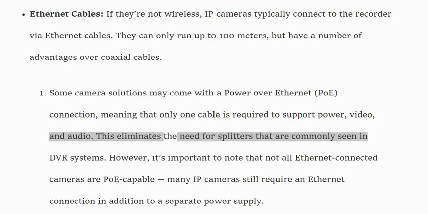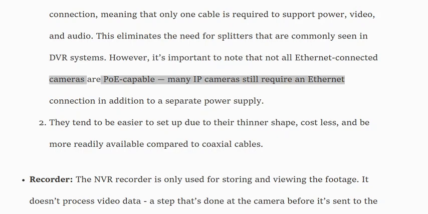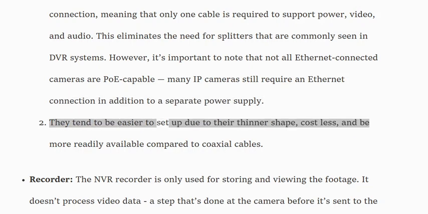This eliminates the need for splitters that are commonly seen in DVR systems. However, it's important to note that not all Ethernet-connected cameras are PoE-capable. Many IP cameras still require an Ethernet connection in addition to a separate power supply. They tend to be easier to set up due to their thinner shape, cost less, and be more readily available compared to coaxial cables.